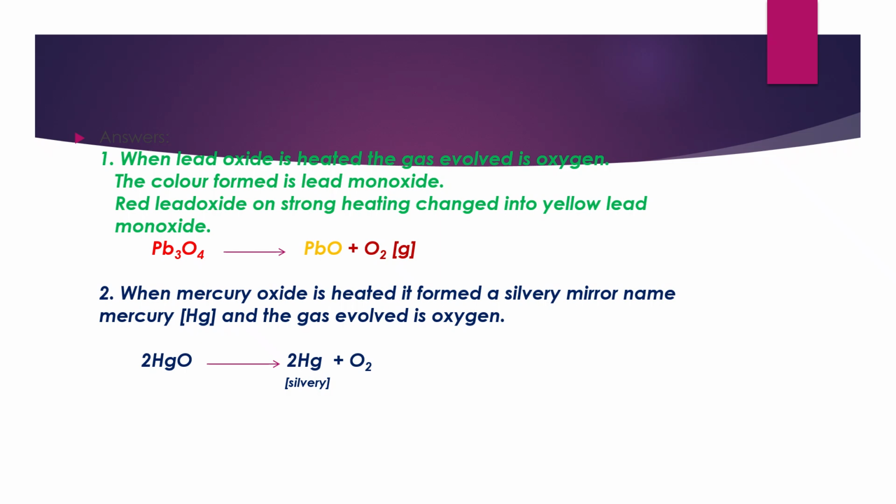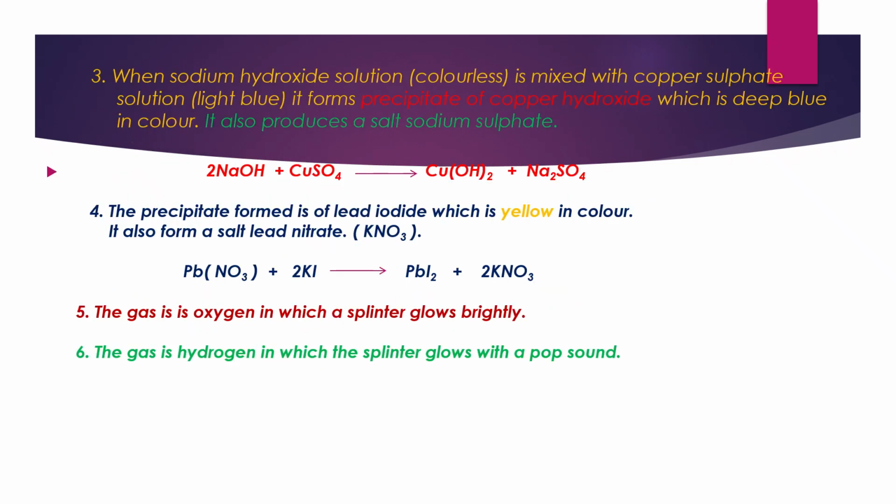In the last slide the questions were there. Here are the answers. When sodium hydroxide solution is mixed with copper sulfate solution, sodium hydroxide is a strong base. It will make copper hydroxide, and it will also make sodium sulfate.